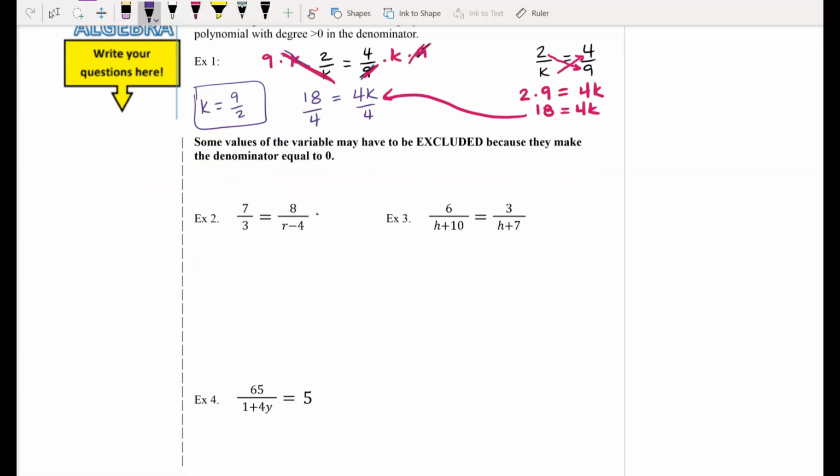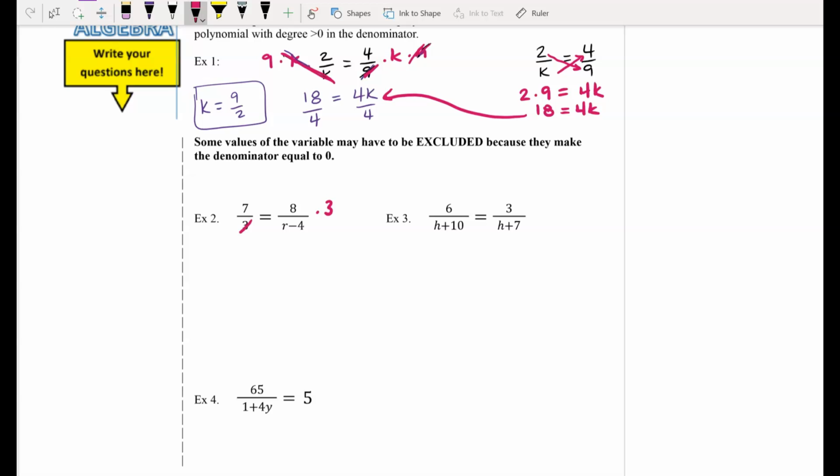In example 2, I have 7 over 3 is equal to 8 over r minus 4. So my rational expression is in the denominator on the right-hand side. So I'm going to use this shorthand process of simplifying. I'm going to multiply both sides by 3, but I'm only writing the 3 on the right side. I'm crossing it off on the left, and I'm writing it on the right side.